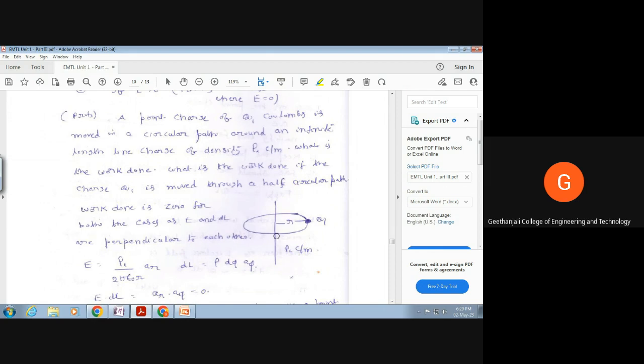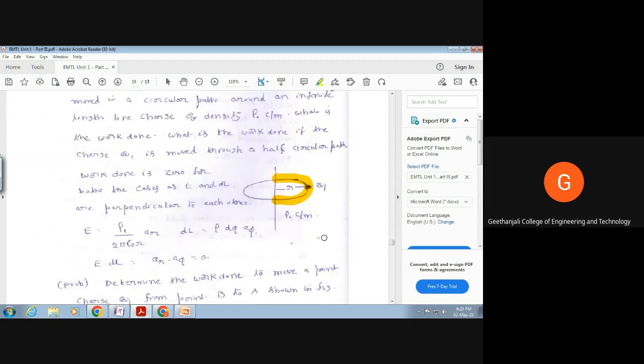Suppose if you want to move the point charge from let us say point B to point A along a semicircular path, what is the value? It is once again 0 because E and dl are going to be perpendicular to each other. Due to infinite length line charge, what is the expression for the electric field intensity?